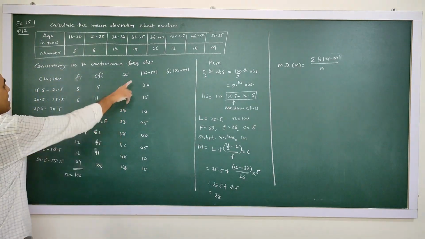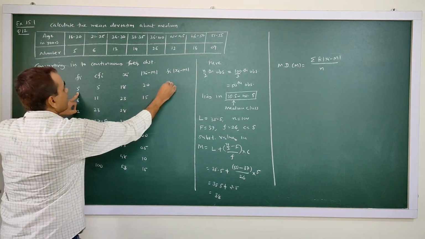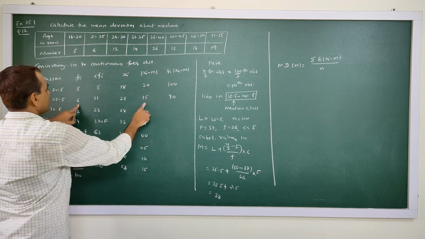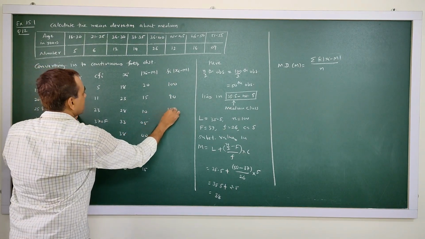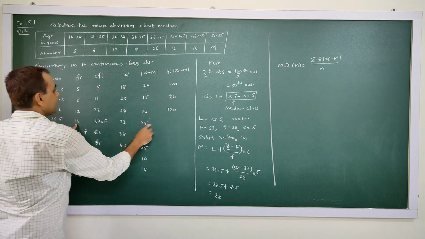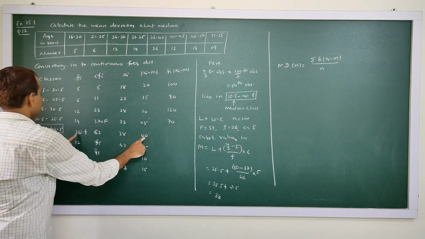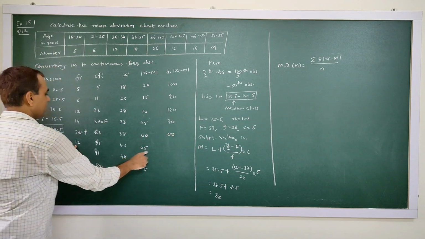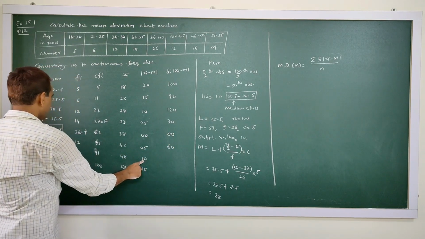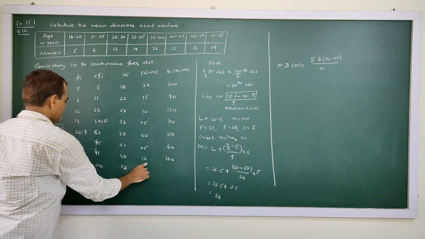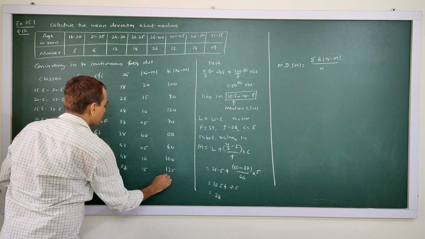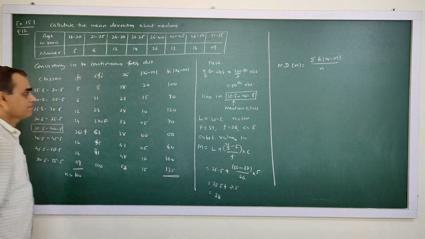Now we multiply with fi. 20 into 5 is 100, 15 into 6 is 90, 10 into 12 is 120, 5 into 14 is 70, this will be 0, 5 into 12 is 60, this will be 160, 15 into 9 is 135, and then the total of these numbers.